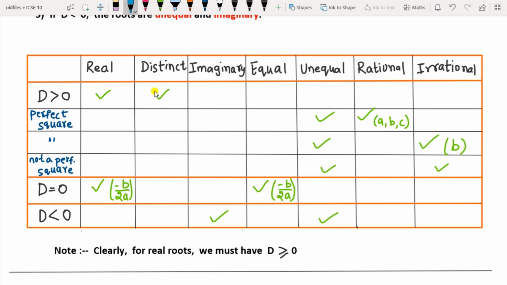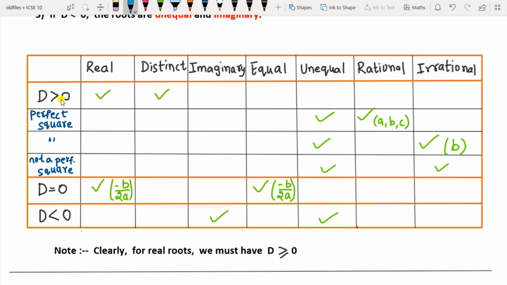So here I have drawn the table so you can see clearly, and you have to learn these cases. For D greater than 0, the roots are real and distinct. In that, if D is greater than 0 and a perfect square, then the roots are unequal and rational if a, b, c are rational. If it is a perfect square and b is irrational, then the roots are irrational and unequal.